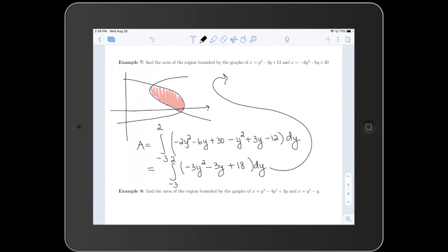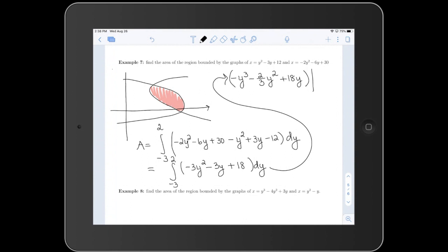So the antiderivative should be -y cubed, right? Minus 2/3 y squared plus 18y. Okay, that's the antiderivative.